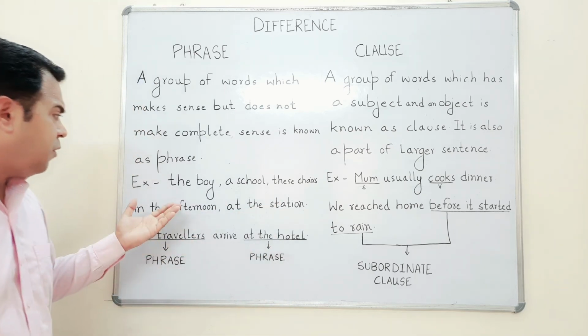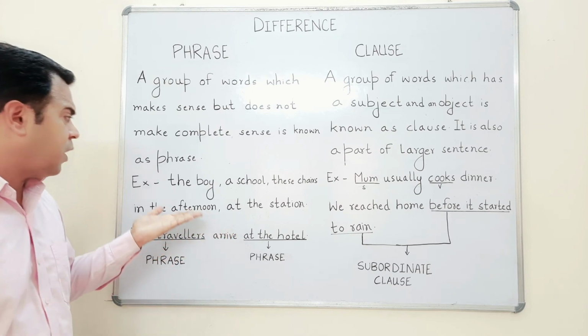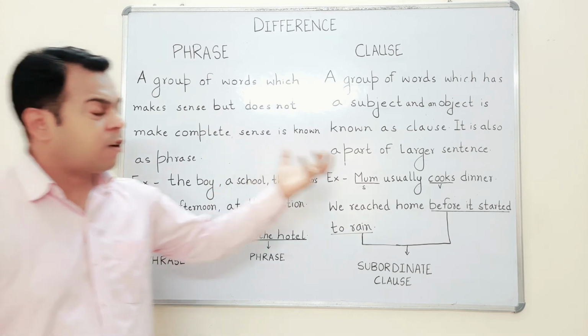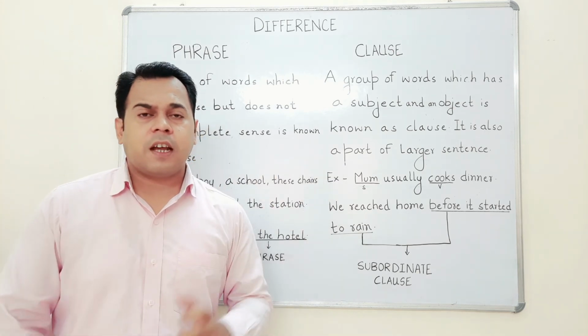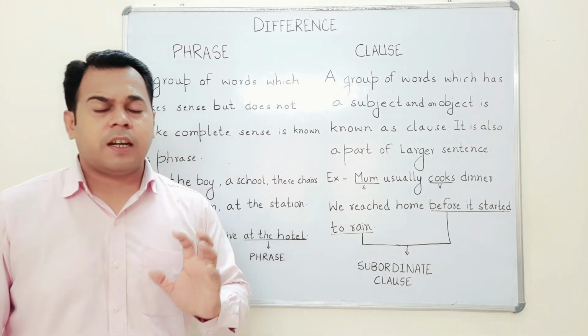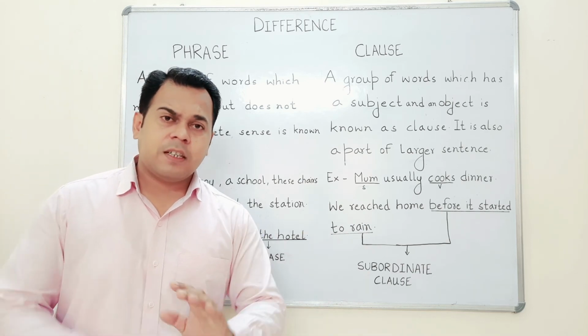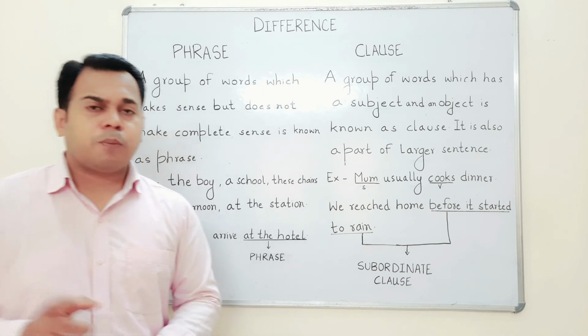In the same way I have written more examples, like the boy, a school, at the station. But what is a clause? A clause has its own subject and object, and it does not need any other sentence to finish its meaning. It is itself a complete group of words.